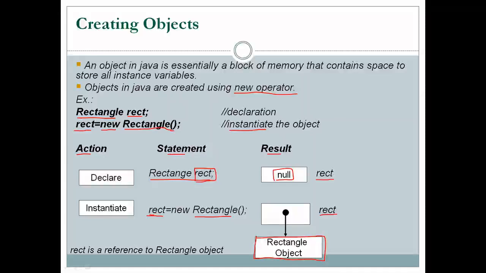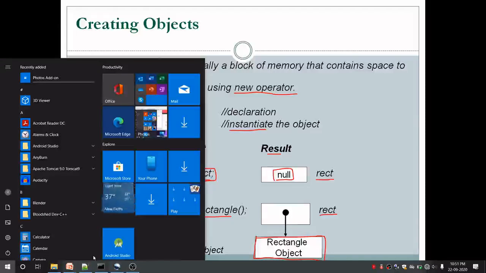So let's see this with an example. We have already created one class. In the last session we have seen how a class is created. Let's create an object for that particular class. Let me open Notepad++.